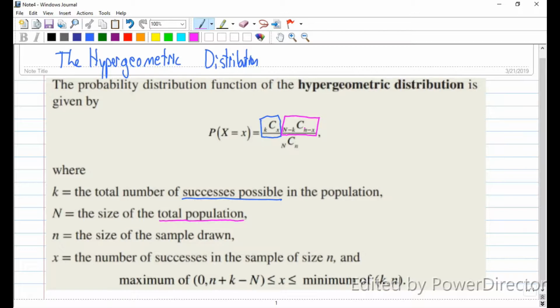So, if I'm selecting 3 people, or I'm selecting 3 marbles, or something like that, so the size that I'm drawing out of the entire population, that's little n. And then little x is the number of successes in the sample of little n. It's very similar to the x that we've been using.